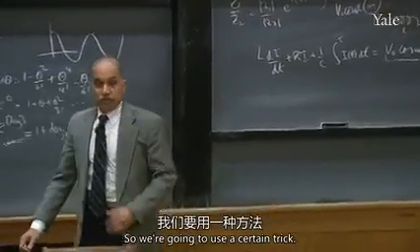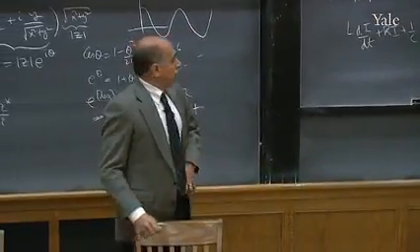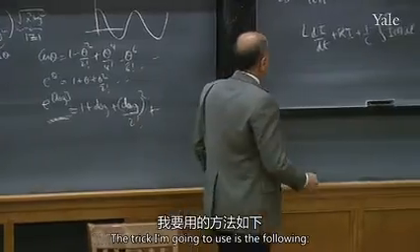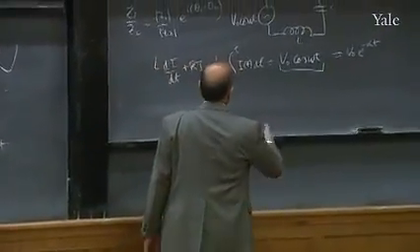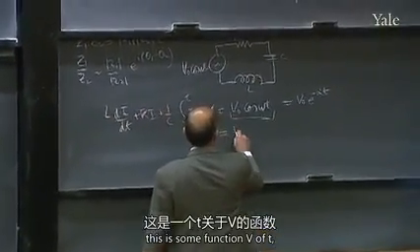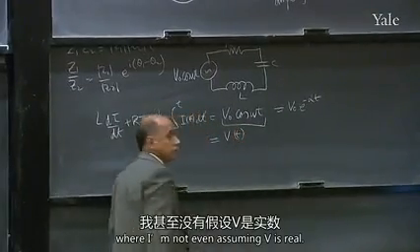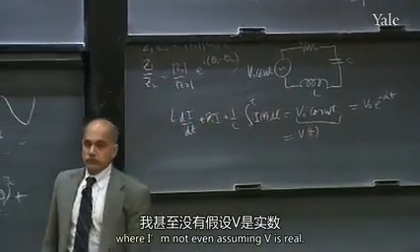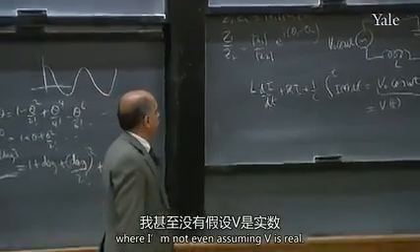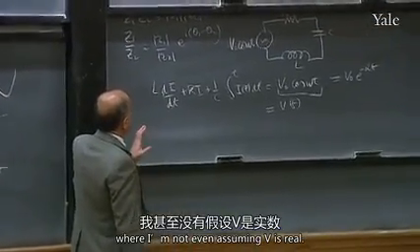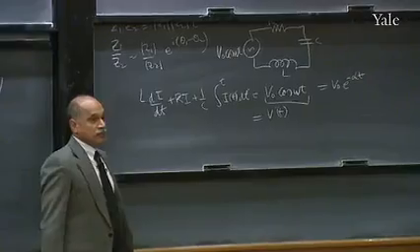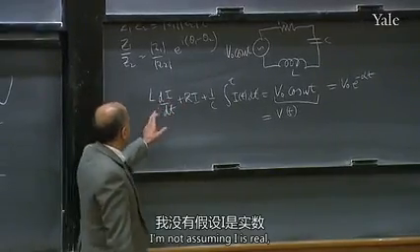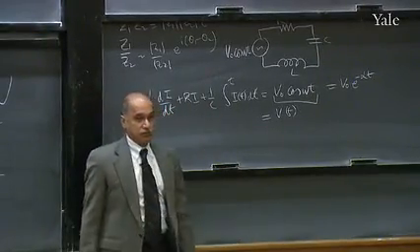So we're going to use a certain trick. The trick I'm going to use is the following. Let me take a general case where this is some function v of t. But I'm not even assuming v is real. I'm not assuming I is real, but L and R and C are real.